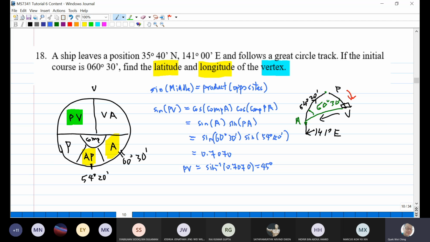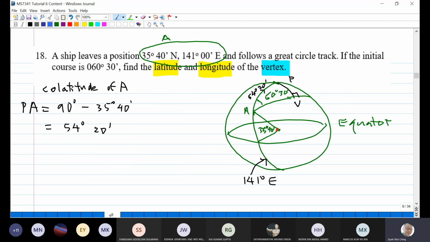What is the latitude now? So latitude, if you remember, if we go back to the earlier diagram, the latitude is measured from this V here. So this one is PV we found earlier from Napier's rule, is 45 degree.